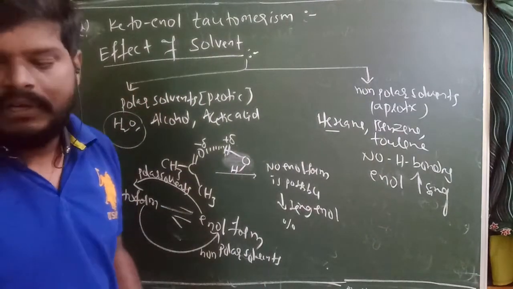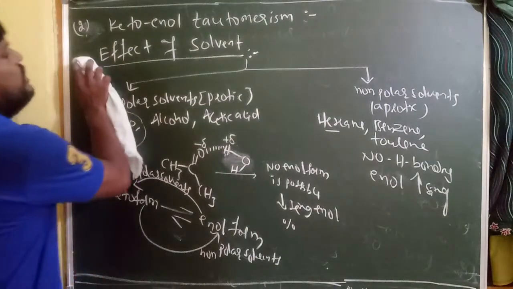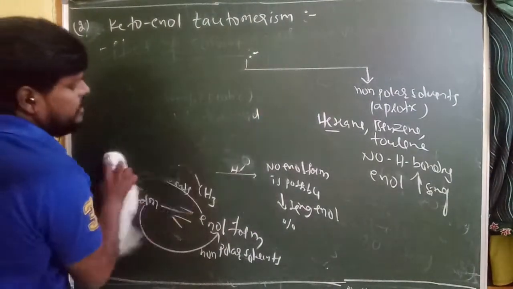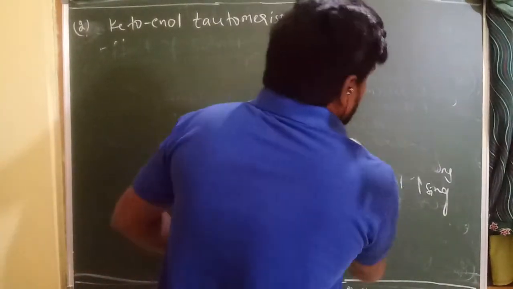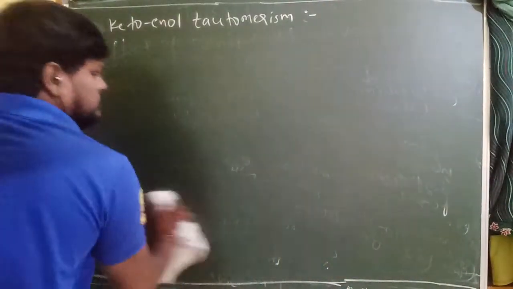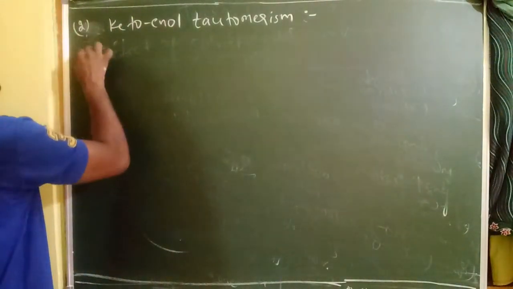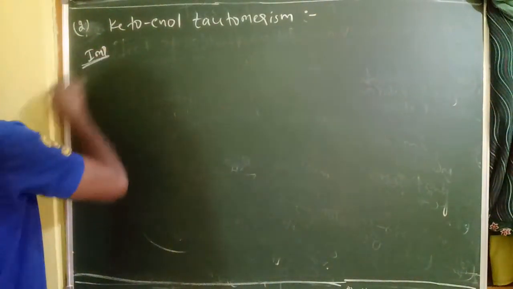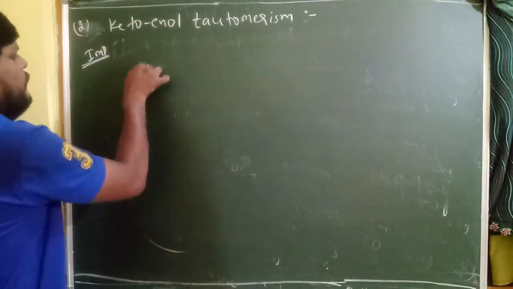Right, so let us take one last and final important rule for keto enol tautomerism in bicyclic compounds. So this is very, very important. Right, bicyclic compounds. Let us take one example.